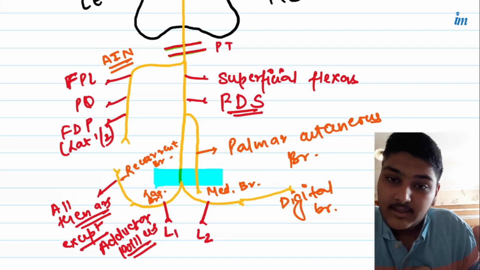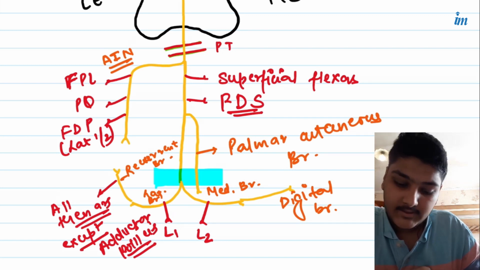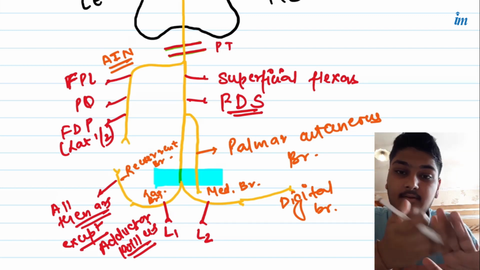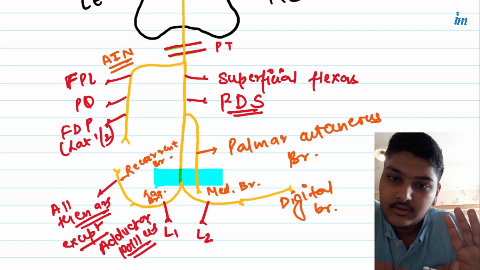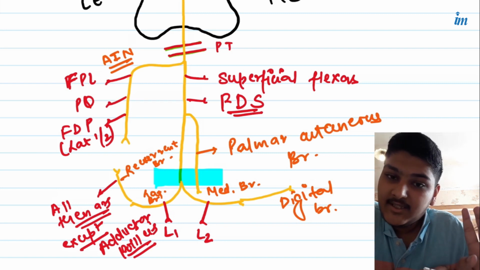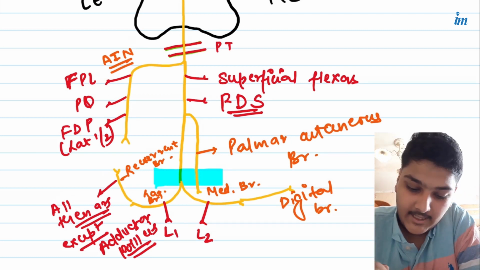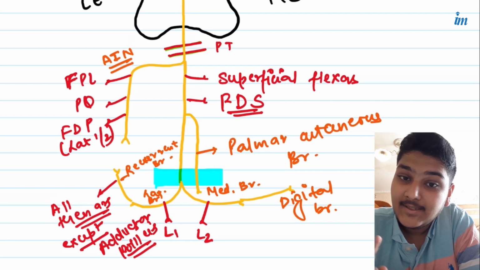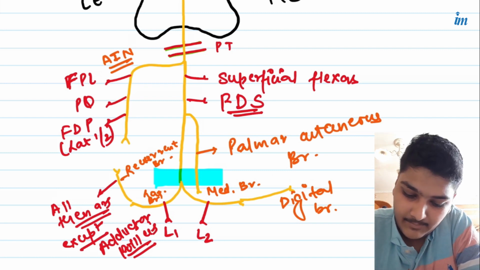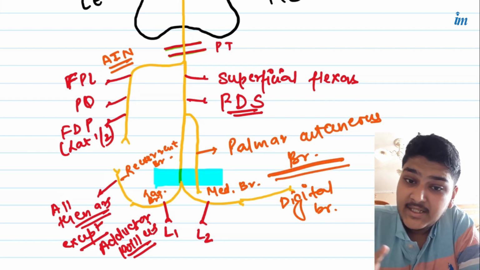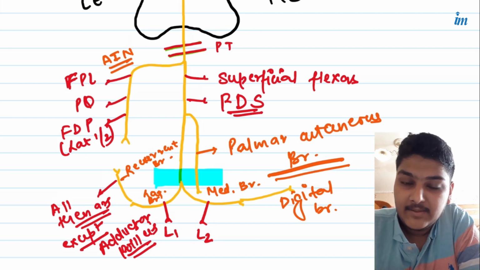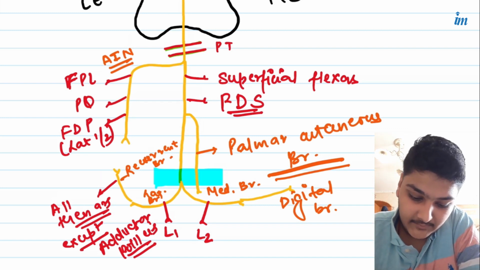So the lateral 2.5 or 3.5 of the digits is supplied by the digital branch, whereas the lateral 2.5 or 3.5 of the palm is supplied by the palmar cutaneous branch. And the important point here is that this palmar cutaneous branch does not come deep to the retinaculum. It comes superficial to the retinaculum.